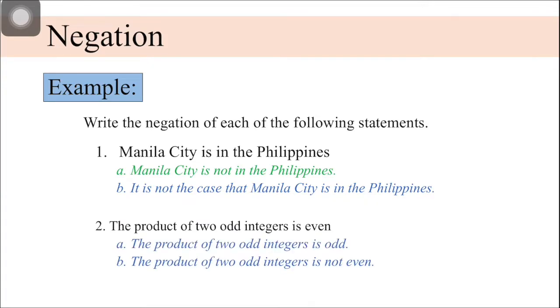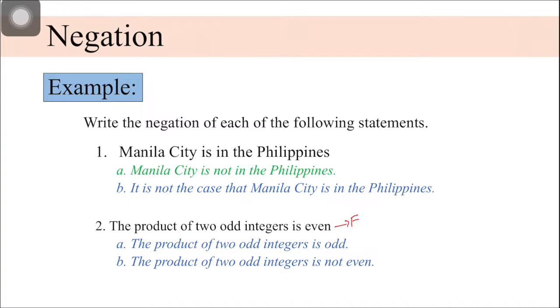So A, the product of two odd integers is odd. The product of two odd integers is even. So this is false. So the negation of this false statement should be true, our answer. So which is true in the choices? The product of two odd integers is odd, or the product of two odd integers is even.